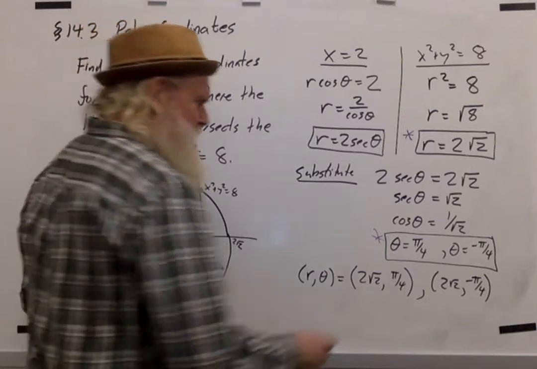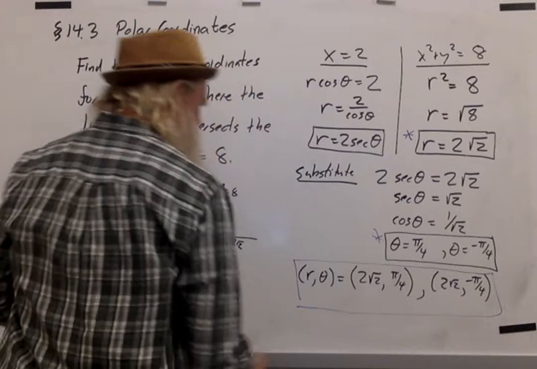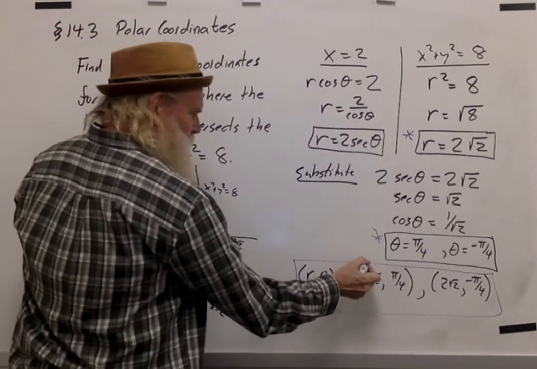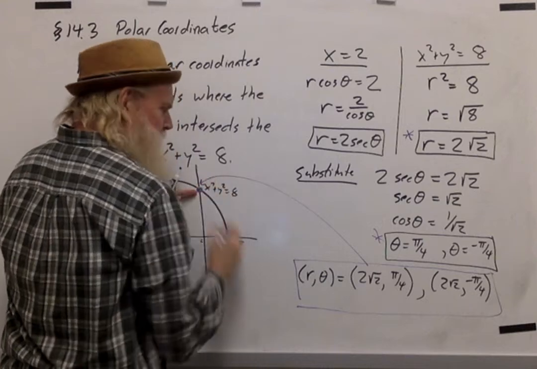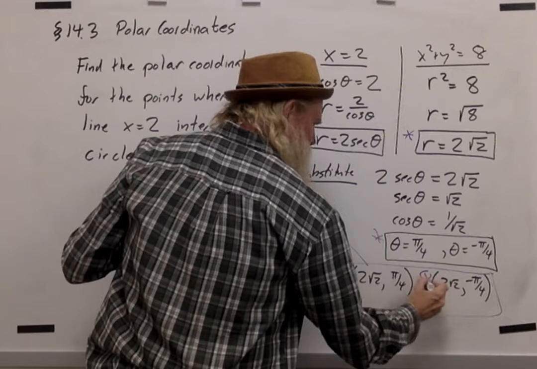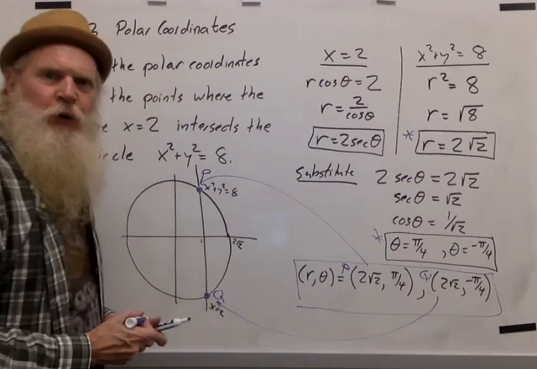Now where are those points with respect to our circle? One is going to be this point up here. This is the first point. Let's call that P. And the second point, Q, is this one down here in the fourth quadrant.